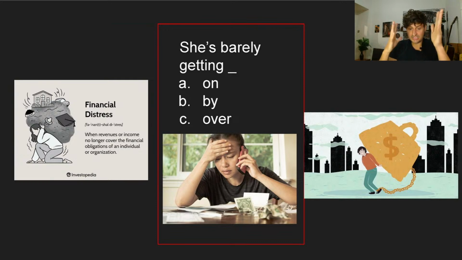So she can't save any money, right? It's like barely, just she spends $10,000 a month, and she makes $10,000 a month, right? So at the end of the month, she has zero money left. So she's barely getting on, barely getting by, barely getting over.